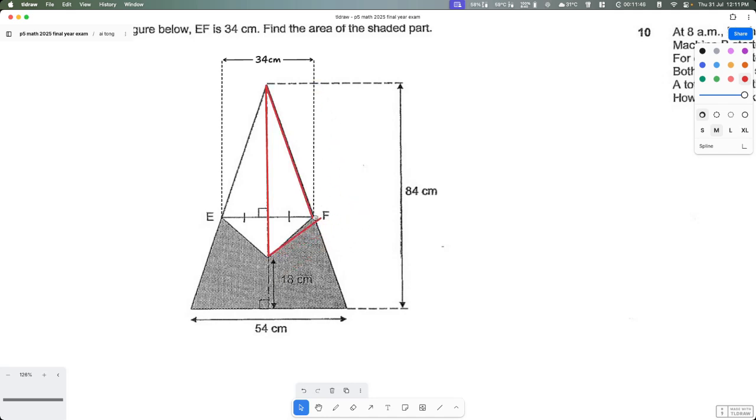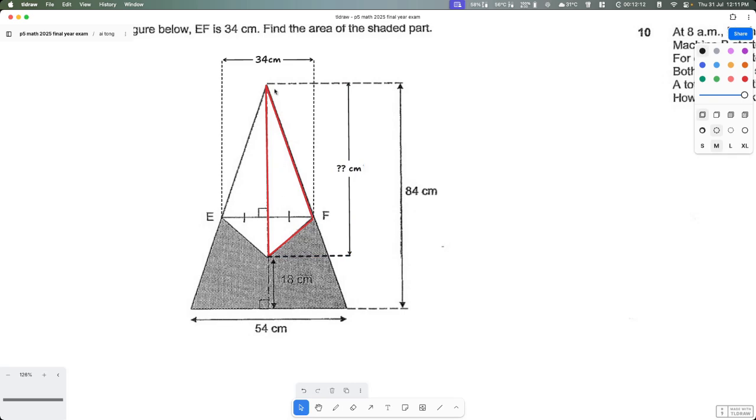This is 18 centimeters. So we just need to get this length over here. This is not 34 centimeters. We need to get this length for this line.